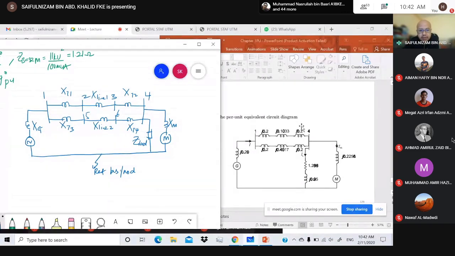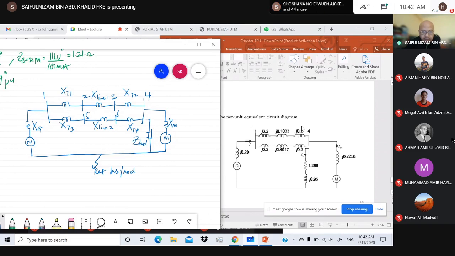Okay, class, any question? No, sir. Okay, so in order to find the other parameters, for example, the current and the voltage, use your previous knowledge in circuit analysis. For example, you want to find V1, V2, V3. So use your previous knowledge. It is nothing new. To analyze the circuit, use circuit theory.